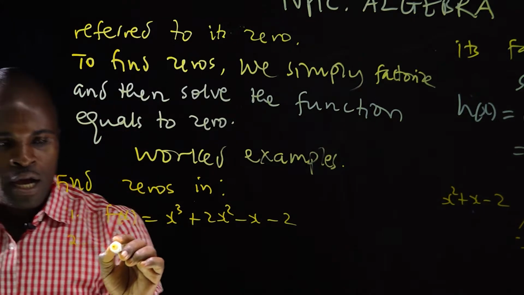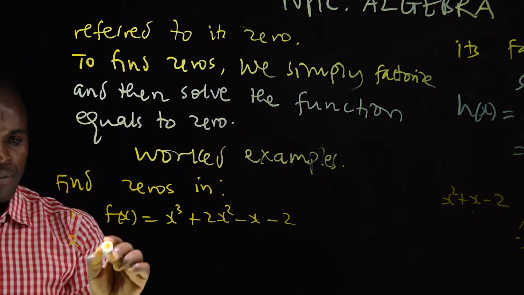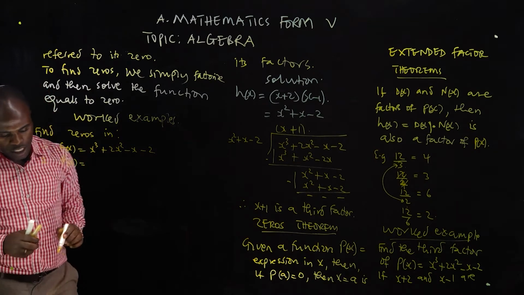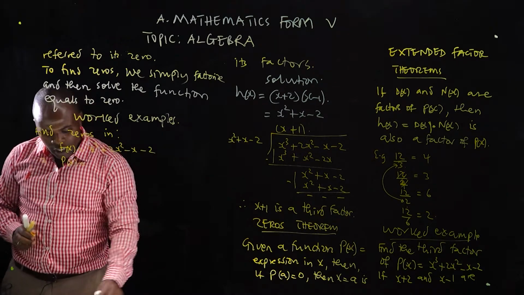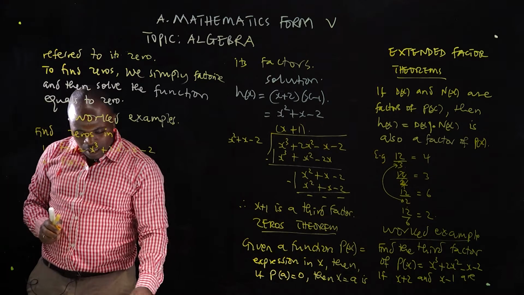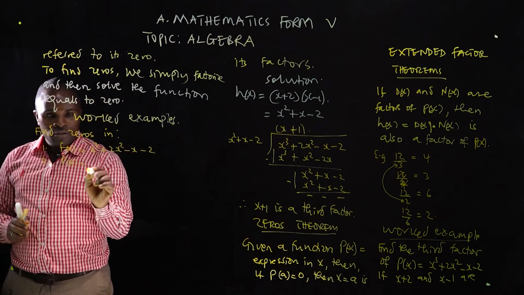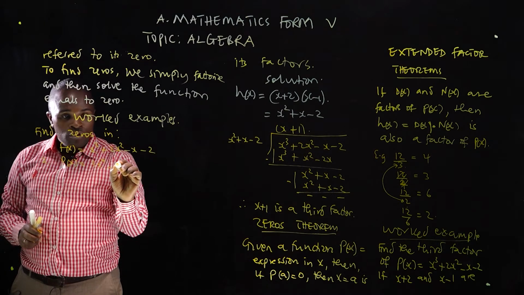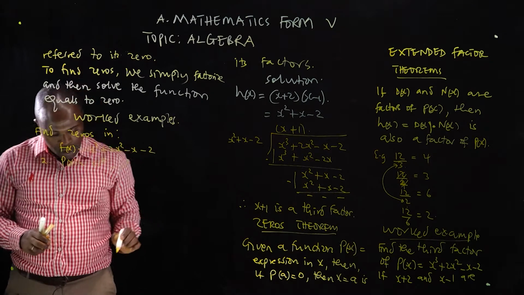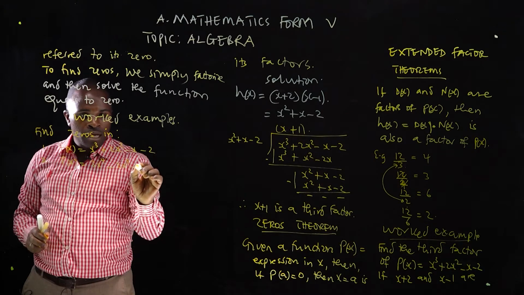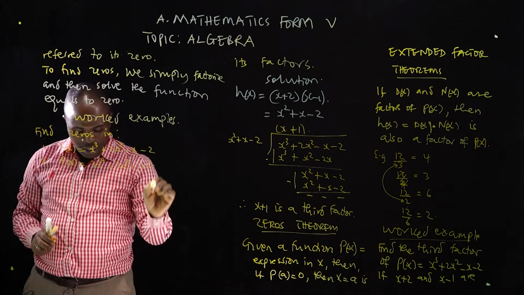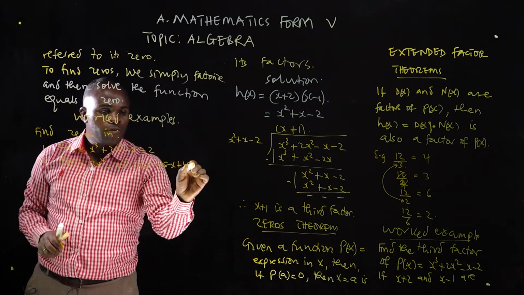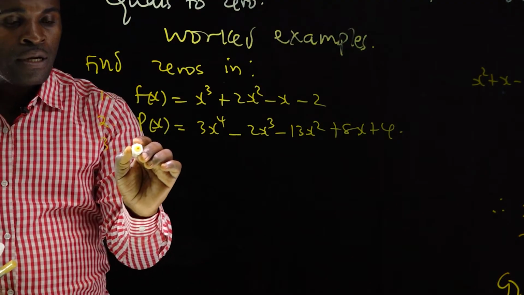2. Find zeros in p of x equals to 3x power 4 minus 2x cubed minus 13x squared plus 8x plus 4. 3.